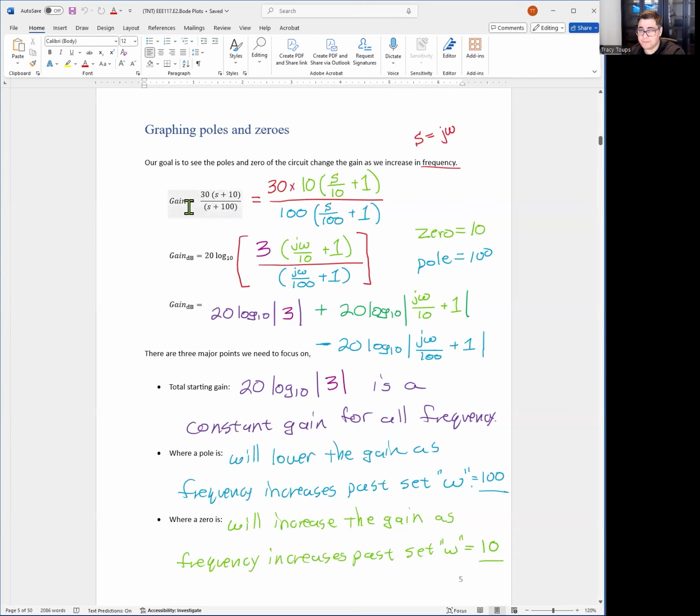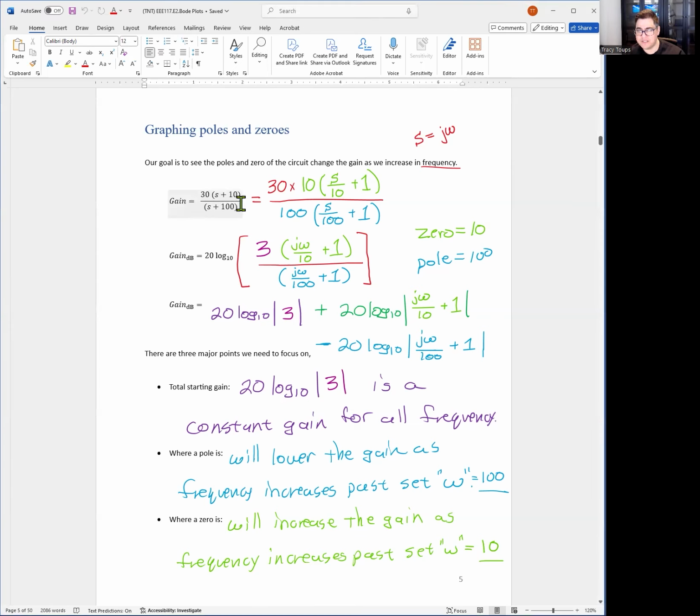The gain of the circuit, in this particular case, is a flat 30 times s plus 10 divided by s plus 100, right? Where these are poles and zeros. We talked briefly: anything on the denominator is a pole that tries to drive the circuit down. Anything on the numerator is a zero that tries to drive the circuit higher.